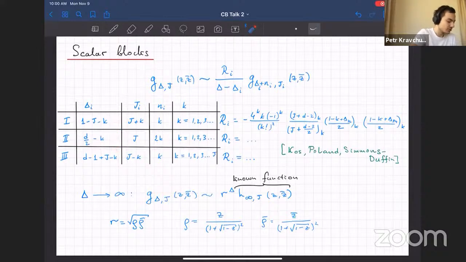So these delta i's for different families are always in different places. However, what happens when you go to even dimensions is that this family, which contains d over 2 in its delta i's, now has d over 2 become an integer and it can collide with other families. And it indeed happens, and this leads to double poles and it complicates the recursion relation.